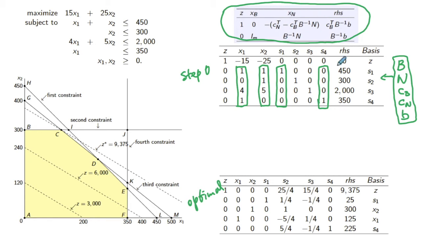Alright, so that's why the first thing we do when we get the optimal tableau, first we need to figure out what are the basic variables and in which order they are listed. So you may not be given the list of basic variables in the problems that I give you, but they're easy to figure out based on the tableau.